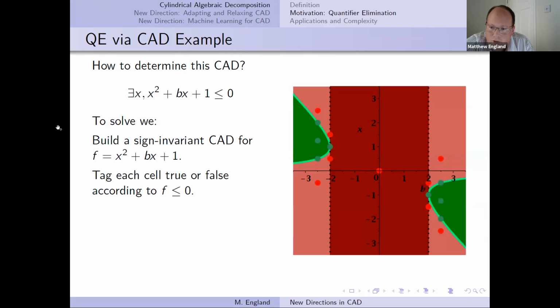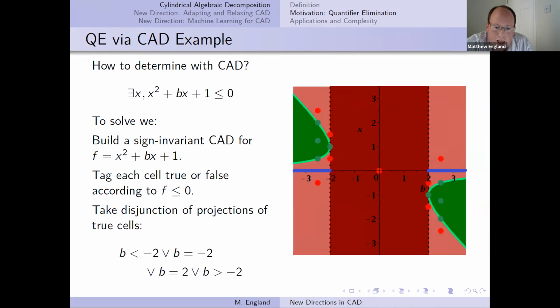And I've colored them in here, red where it's not satisfied, green where it is satisfied. So I've tagged them true or false. And then I can project down the true cells and find which regions of the b-axis the true cells project onto, which is which values of b there does exist such an x.